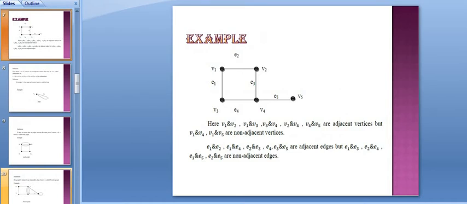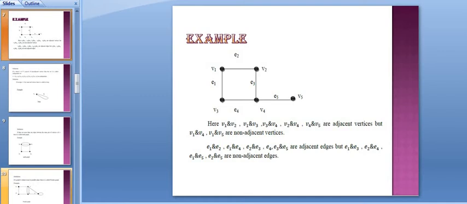In this example, we have v1 and v2, v1 and v3, v3 and v4, v2 and v4, and v4 and v5 are adjacent vertices, but v1 and v4, v1 and v5 are non-adjacent vertices.